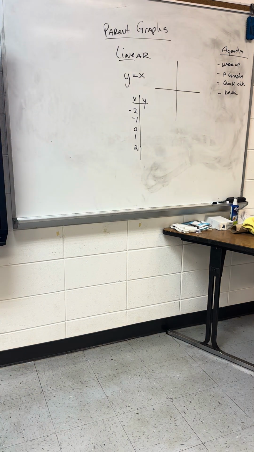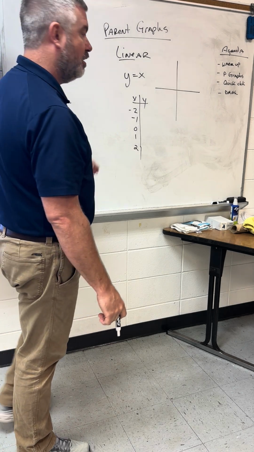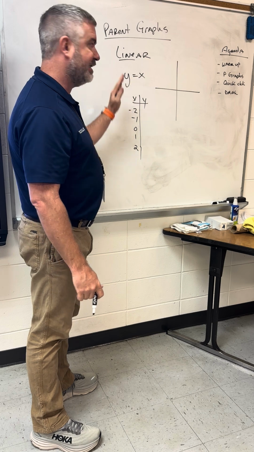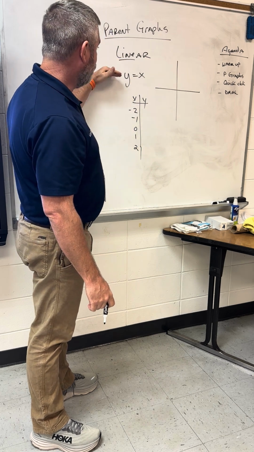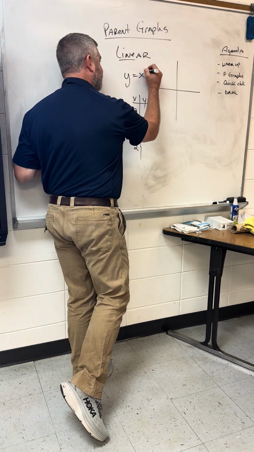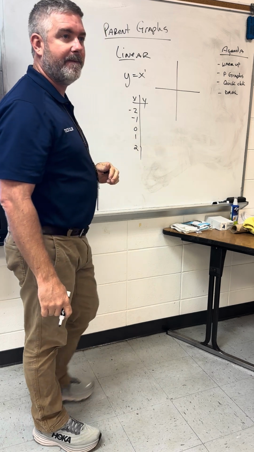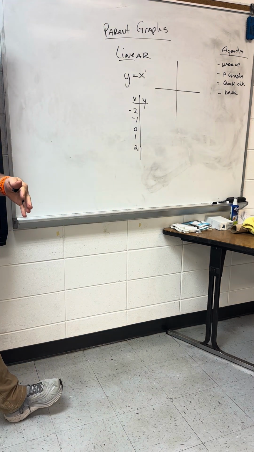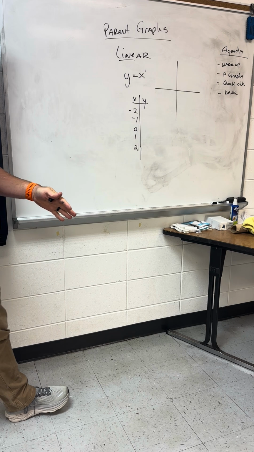So if I give you a simple t-chart, you should be able to complete the t-chart, and you should be able to identify. Okay, so linear, y equals x. Remember, the exponent is just to the first power. We don't write it when it's to the first power, but it's understood to be to the first power.